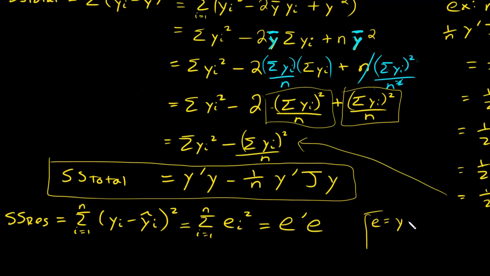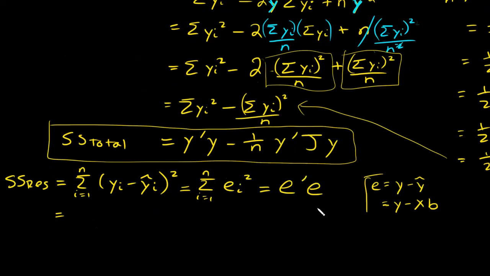This is Y minus Y hat, where these are vectors, so this is Y minus X times B, since Y hat is X times our least squares estimator B. Let me write this out. Instead of writing E transpose E, let me write (Y minus XB) transpose times (Y minus XB).